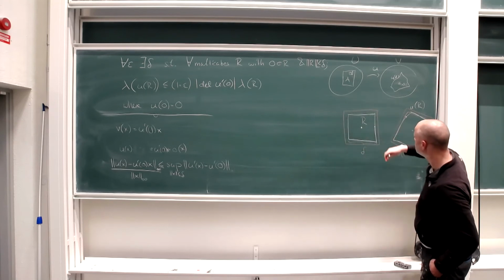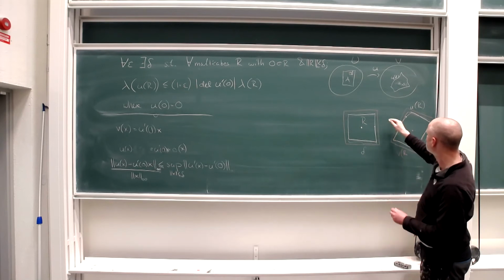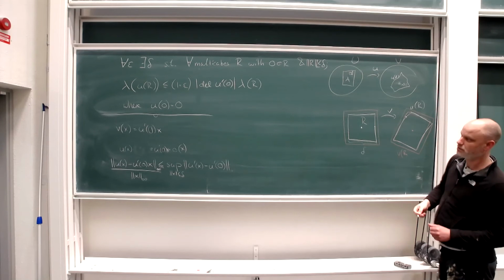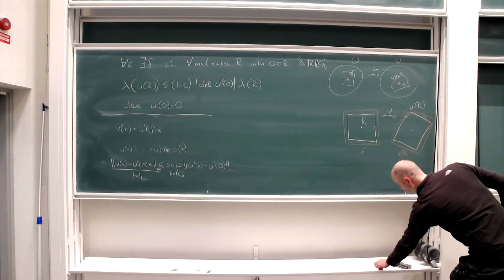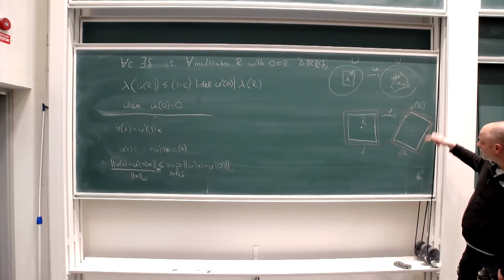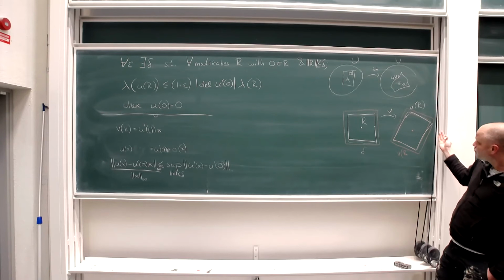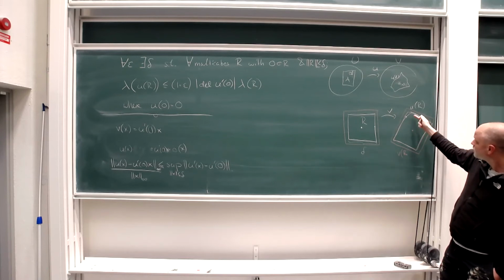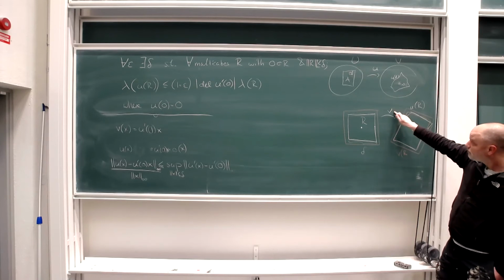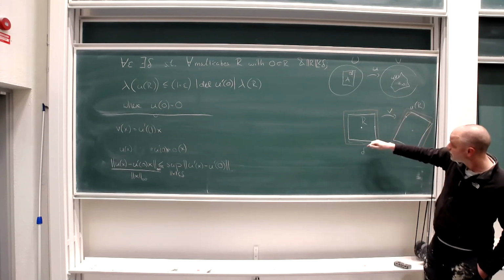Whose image under the mapping B, or multiplication by u prime at 0, gives me a bigger set which includes this guy. But then what that means is like the pre-image, if I go back here and look at the boundary, the white, under the mapping B, I need to be inside here.